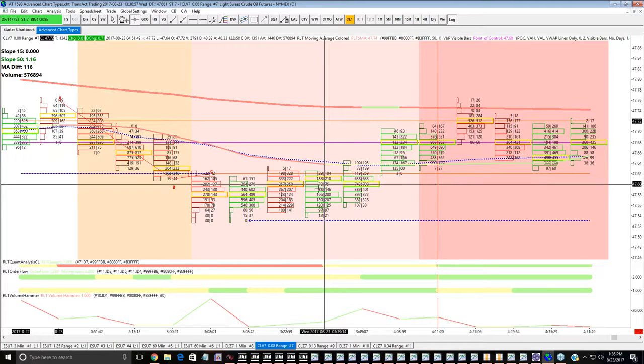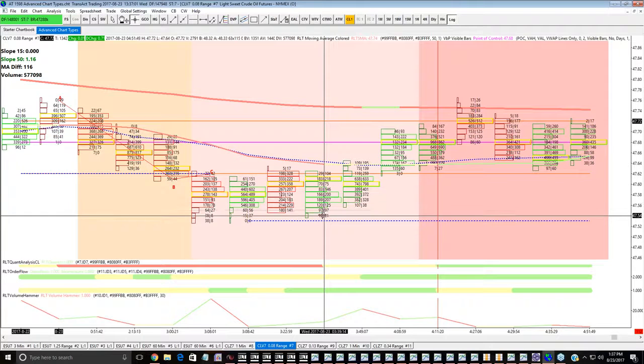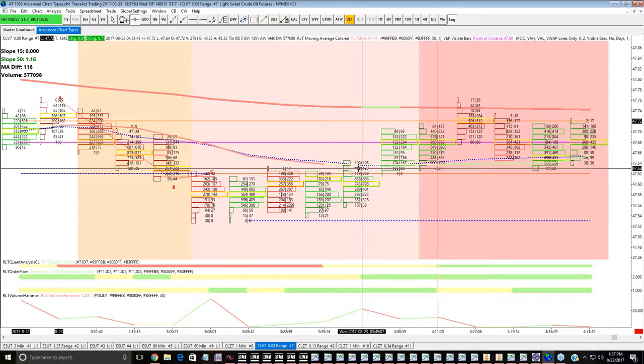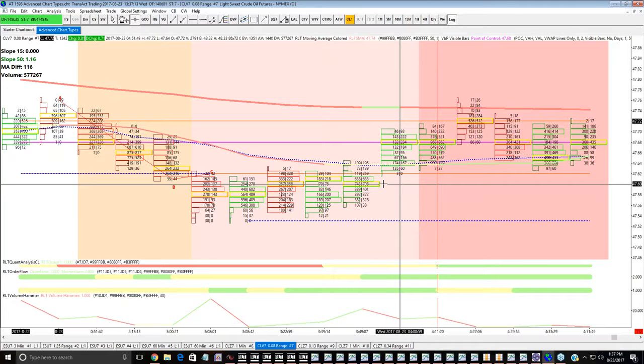The thing that we don't get here is the intensity of the buying and selling. This is where you're going to trade solely off of market profile on an individual candle. And remember, the point of control is the key. That's where most volume crosses at a given tick.